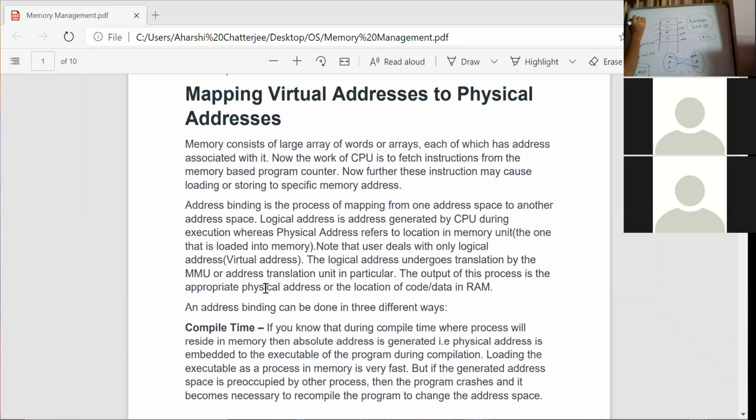One is known as logical address. Another is known as physical address.